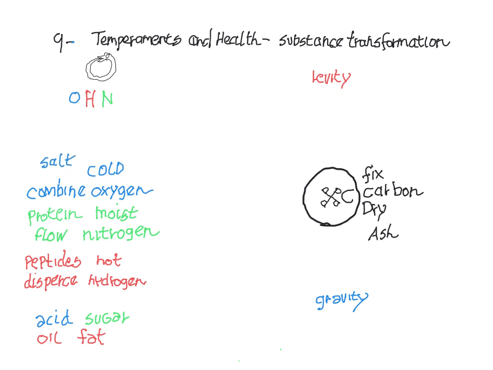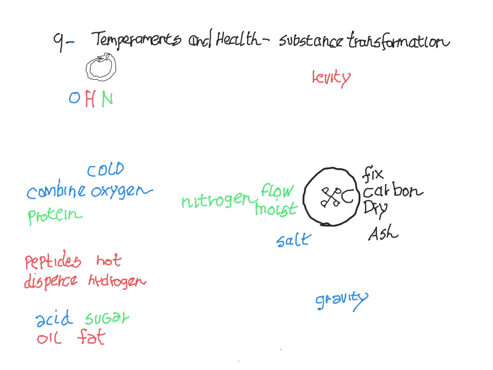So let's take salt here and we'll put salt. But the salt falls out of the ash when it comes in contact with water, when it comes in contact with moisture. So moist and dry, we can see, are polarities. And the fixing quality of the carbon is polar to the flowing quality of nitrogen.